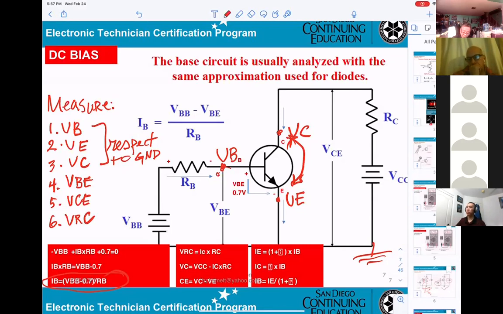That means you will measure from here to here, right? That will be VRC. So the high side connects here and the low side connects here across it.